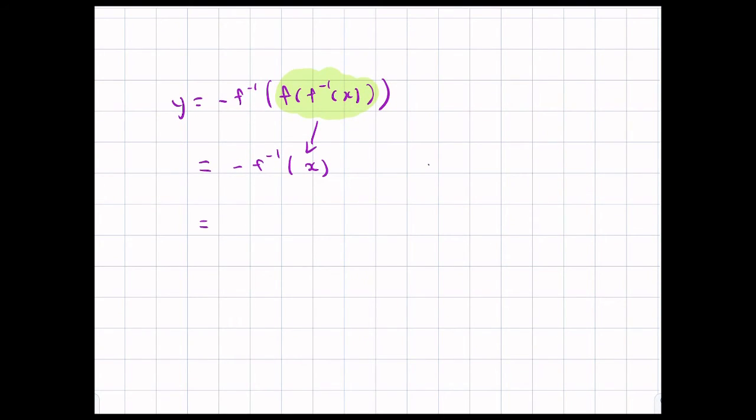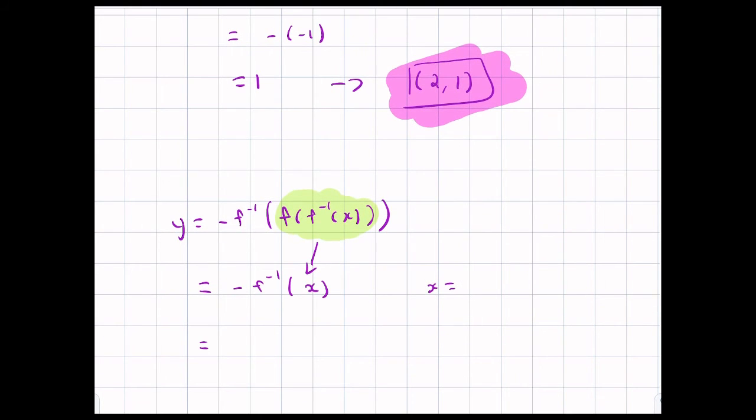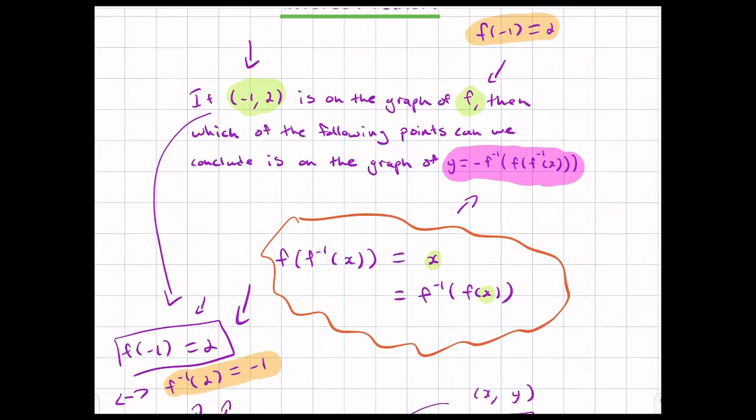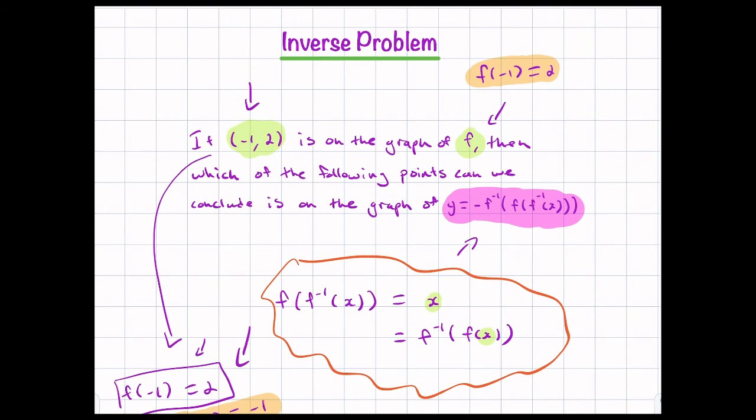And then again we can say, because we know one point which is definitely in the domain of f inverse, right? Again, this is what we got at the beginning. F of negative 1 is 2, so negative 1 was in the domain of f, and this is the same thing as saying f inverse of 2 is equal to negative 1, so 2 has to be in the domain of f inverse.